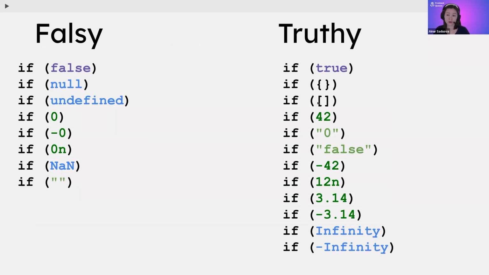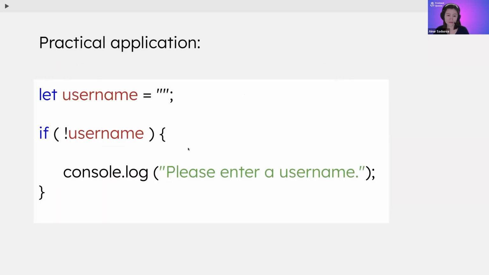But if you want to check if the object is empty, you can use Object.keys().length. It will return 0 if the object is empty. And as we know, 0 is a falsy value.